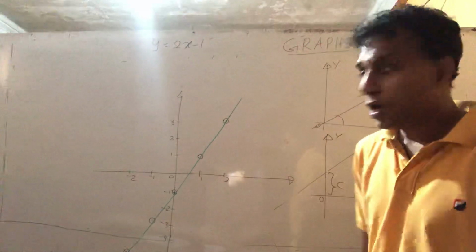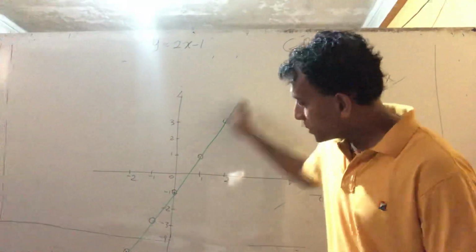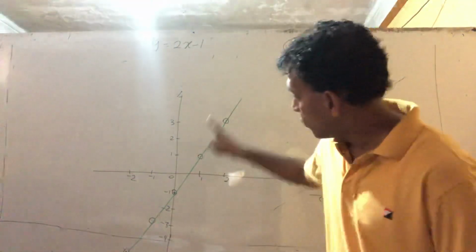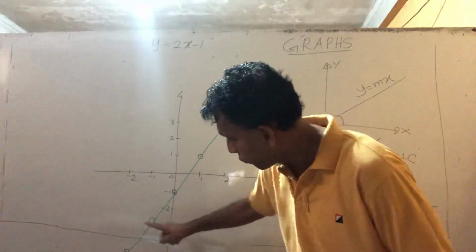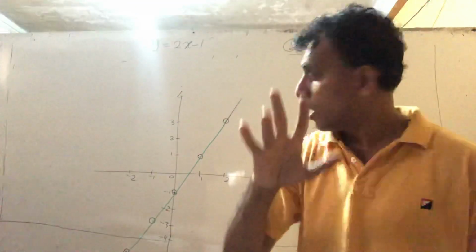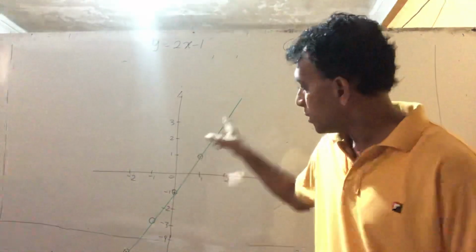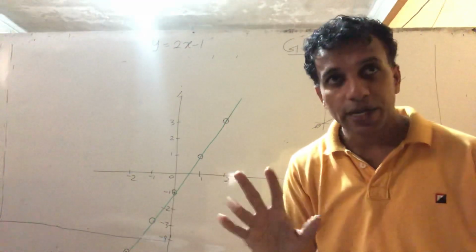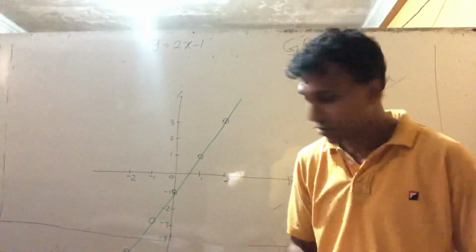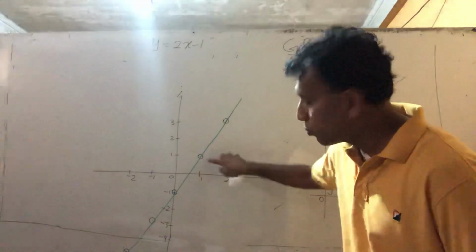Now see, in this graph, how many points are available? 1, 2, 3, 4, 5 points available. I take any 2 points out of these 5 points. Too easy, I take these 2 points.